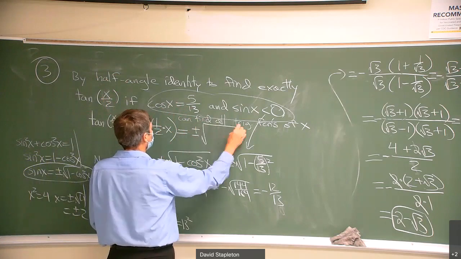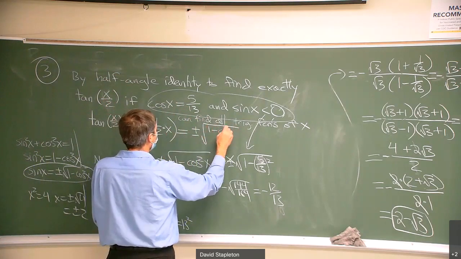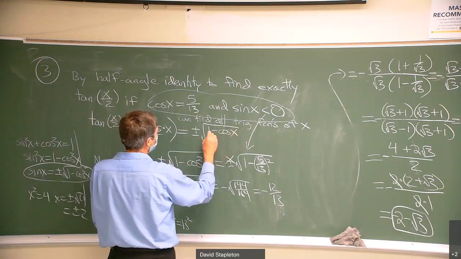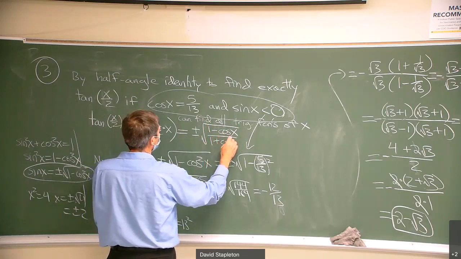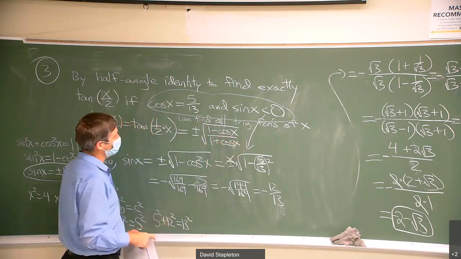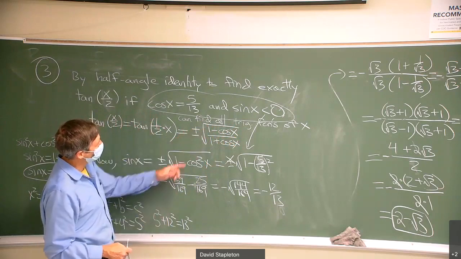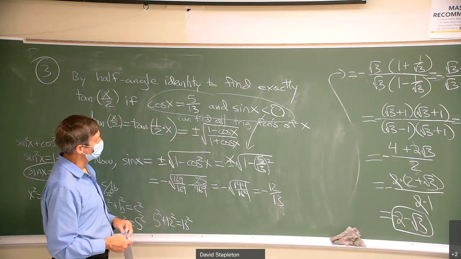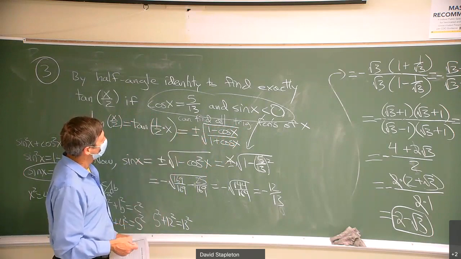Plus or minus the square root. You take the half angle formula for sine, which is 1 minus cosine x over 2, and divide it by the cosine formula, 1 plus cosine x over 2. The 2's cancel. So memorize this one, but the way I used to remember it is it's just the quotient of the sine and cosine half angle formulas.